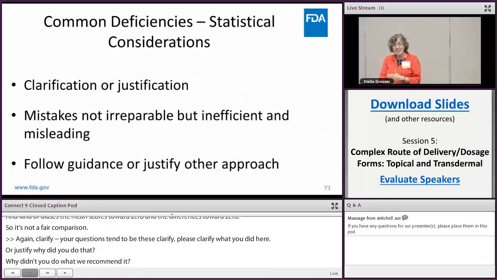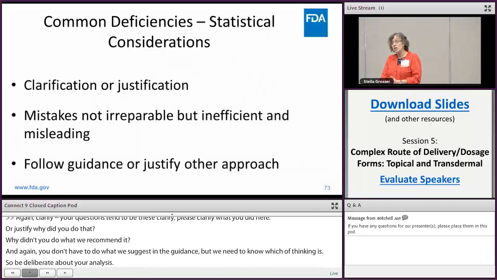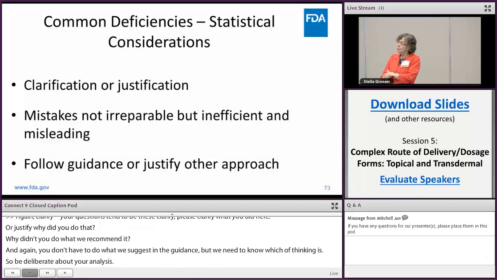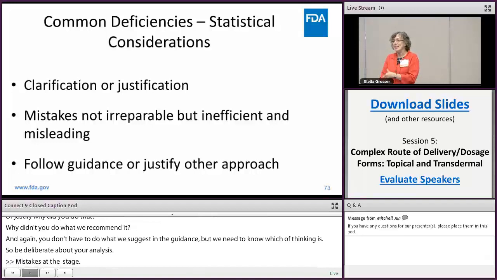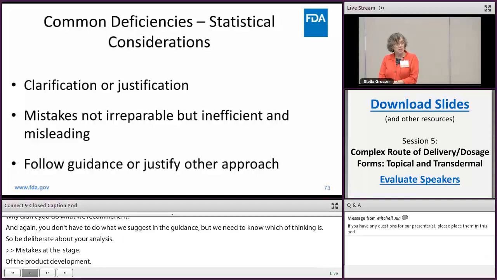Mistakes at this stage of the product development usually are not irreparable. You gave us an application analysis based on medians. Well, just recalculate. Let's look at the means. It's not irreparable, but it's inefficient, right? Because we have to go back and forth, and it could be misleading.